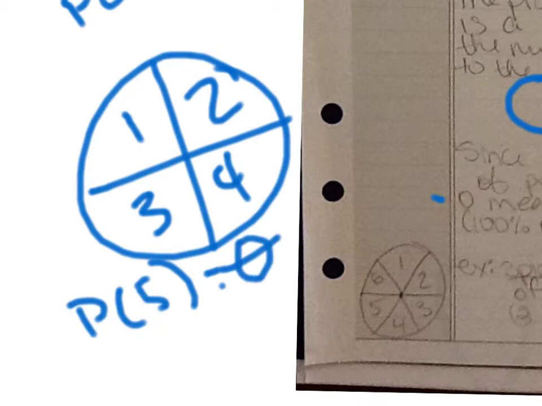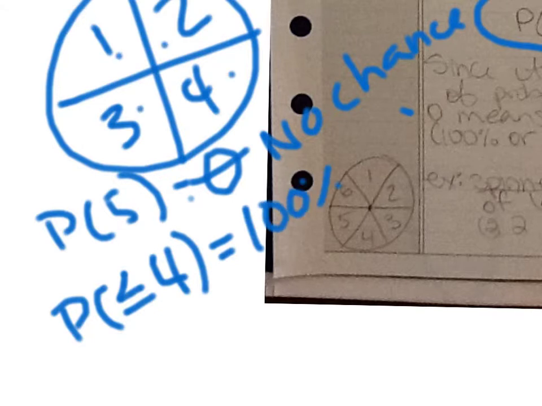So that probability is 0. There is no chance. However, the probability of landing on a number that is less than or equal to 4 is 100%, because every single number on the spinner is less than or equal to 4.